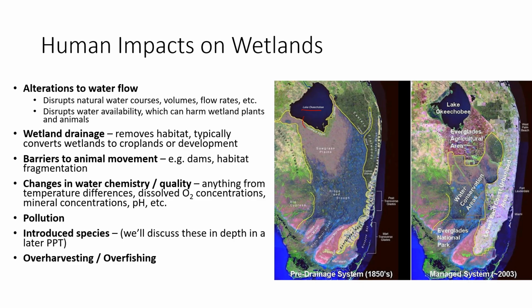Instead, it slowly drains out all through here via many small inlets and into the sawgrass plains where the water table is super high. A lot of this drainage is just underground because the rock here is limestone and it's very porous, and all of this water just slowly makes its way down through the sawgrass plains and through the Everglades.